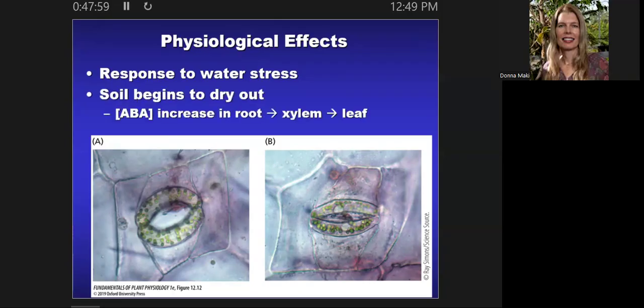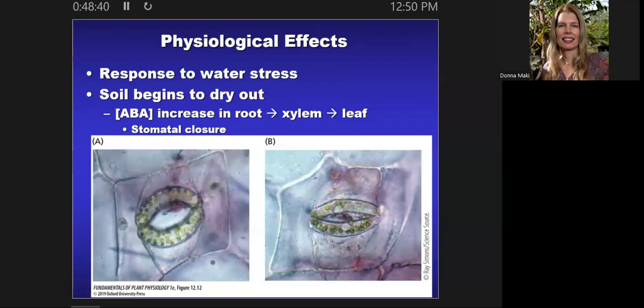The concentration shoots up very high, and it starts to flow up the plant body through the xylem to the leaves, to the stomata, to the guard cells, and tells the guard cells, uh-oh, we need to close down. So it's quite the event, because you have to get the abscisic acid that's in the root all the way to the stomata. But it's effective. It makes sense that since it's the roots that experience that drought first, the warning gets sent up to the leaves.